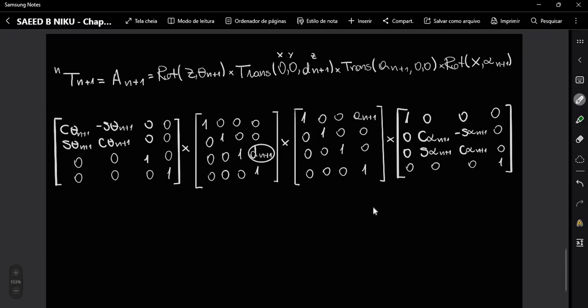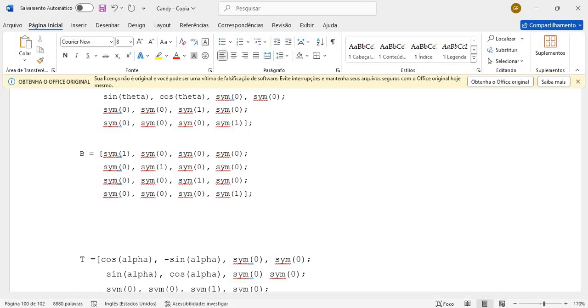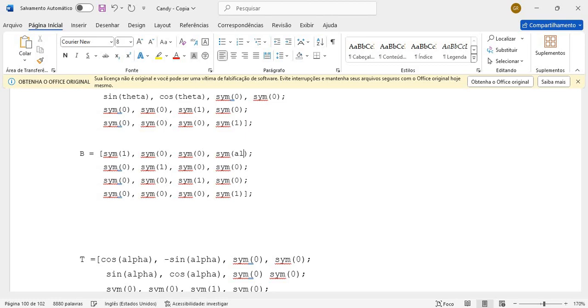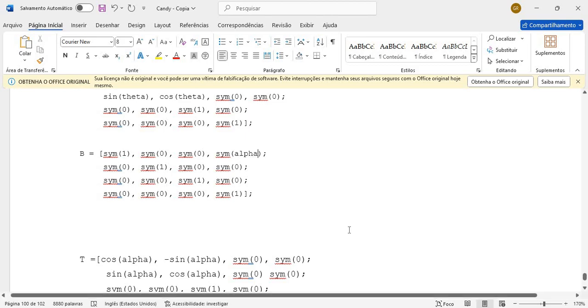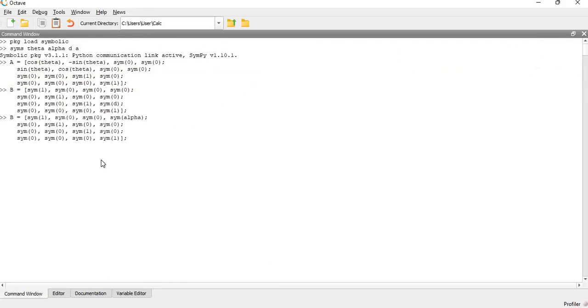Now the third matrix is again this translation. So right here 0, and right here is alpha. Okay, I confused this alpha with A, but I think we are still able to get it right.